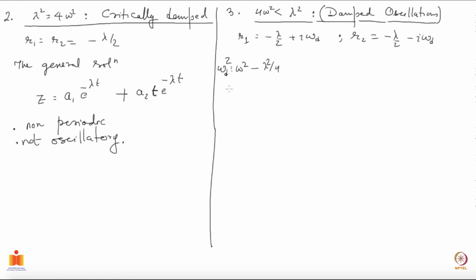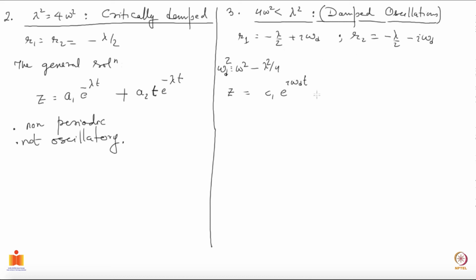You take the z to be C1, some constant, e to the i omega d t, and minus lambda over 2 t I will keep outside as a factor.